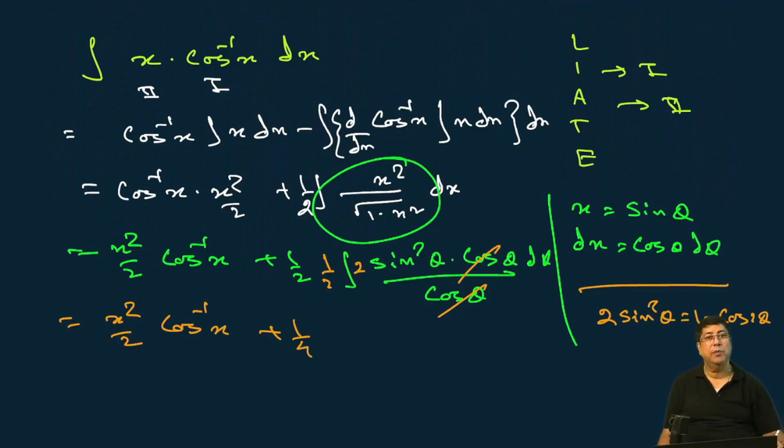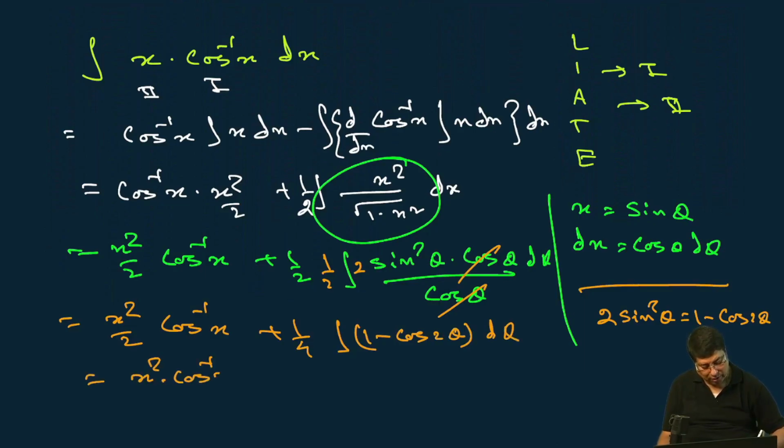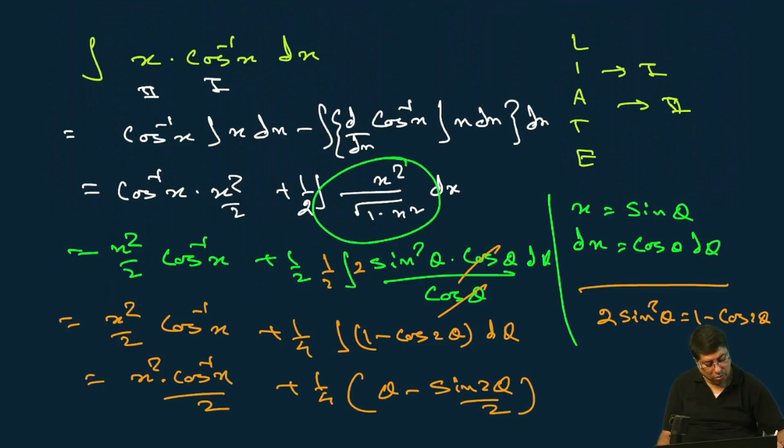This formula will apply. Therefore, I can write here 1 minus cos 2 theta d theta, that is x square into cos inverse x divided by 2 plus 1/4, integration of d theta is theta minus sin 2 theta by 2 plus c.